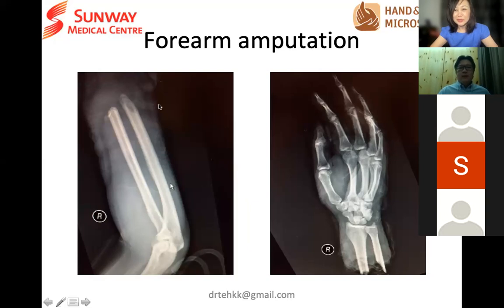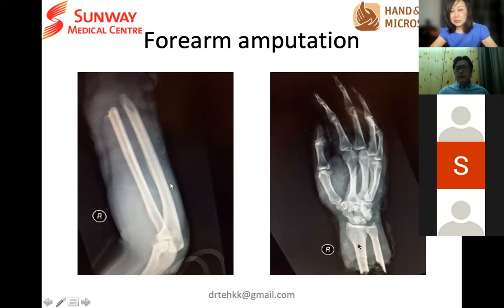Basically, when the patient arrives, most of the time we will get the MO to resuscitate the patient in A&E. As a surgeon, we will take this amputated part to the theater and start dissecting and marking where the artery is and where the nerves are.